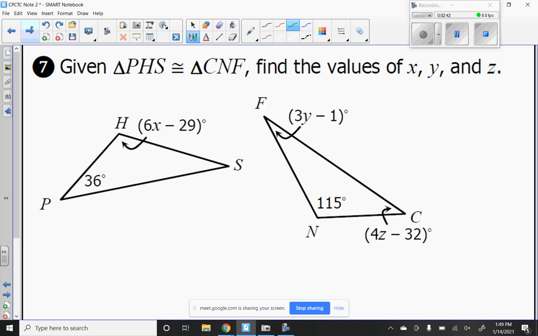Okay, so these are angles, so I'm going to go ahead and label some stuff to help me. So P and C are the first two. So I know P and C, and right now I have an equation that I can make for Z because those two pieces are equal. So right now I know this.